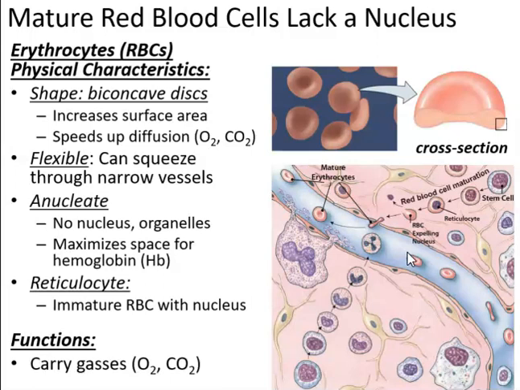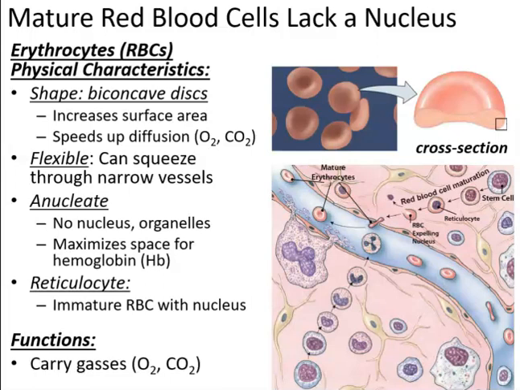So, general characteristics of our red blood cells: we know that the shape of red blood cells is a biconcave disc, which helps increase surface area, as well as speed up diffusion of the respiratory gases oxygen and carbon dioxide. We know that these cells are flexible and have the ability to squeeze through narrow vessels.